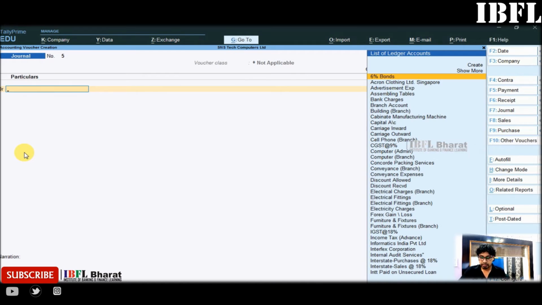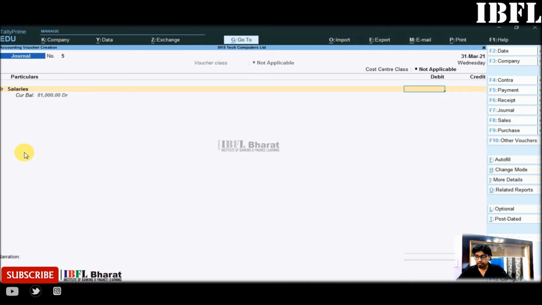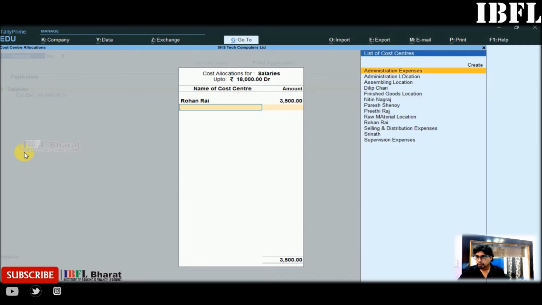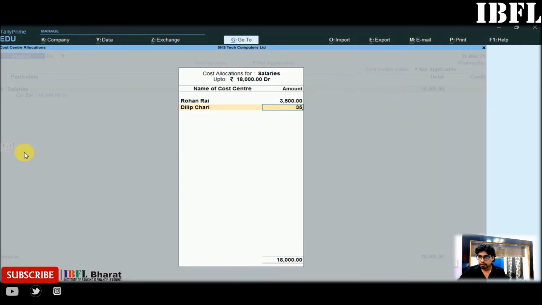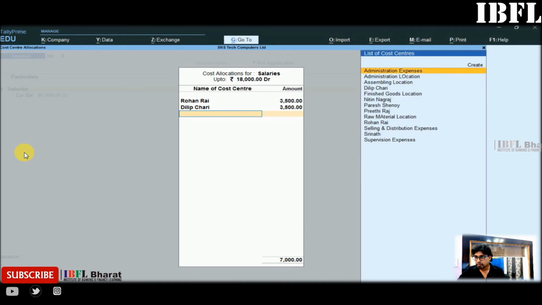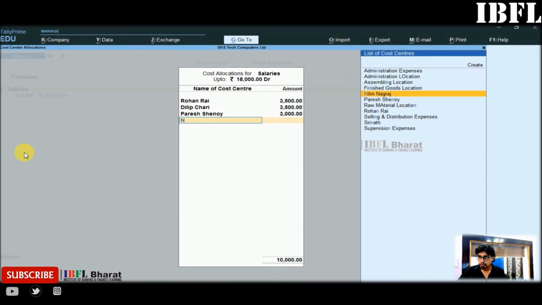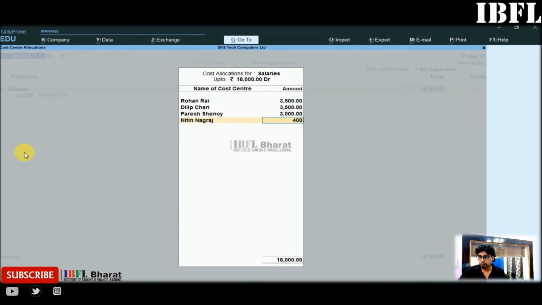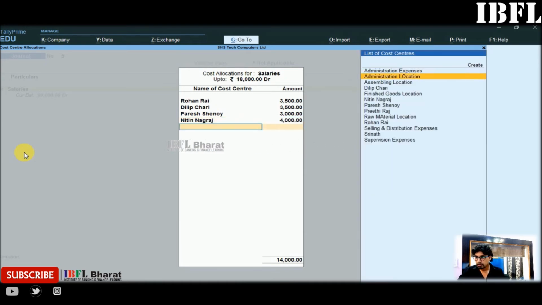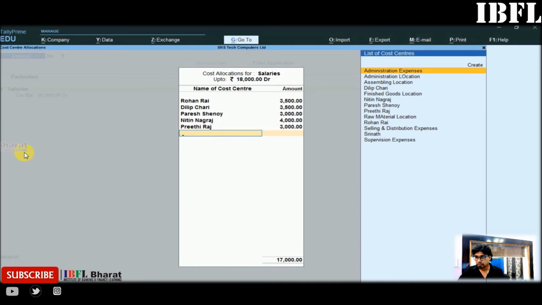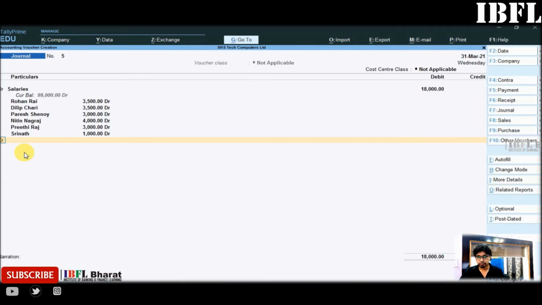We are taking salaries 18,000 rupees: Rohan Rai getting 3500, Dilip Chari getting 3500, Paresh Shinoy getting 3000, Nitin Nagaraj getting 4000 rupees, Preeti Raj getting 3000 rupees, and last Mr. Srinath getting 1000 rupees.